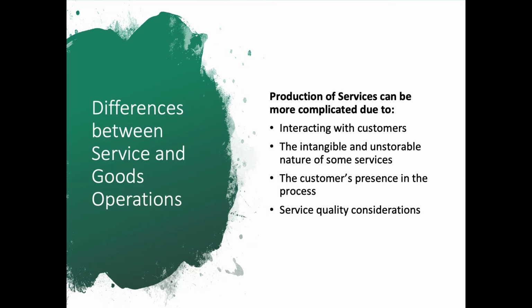How does interacting with customers in the delivery of services make things a whole lot different than delivering goods? Well, consider for a moment the delivery of a service like getting a haircut. Getting a haircut is completely different than simply shipping a box of finished goods from Amazon.com or something like that, right?